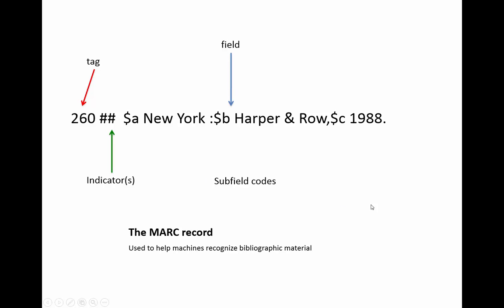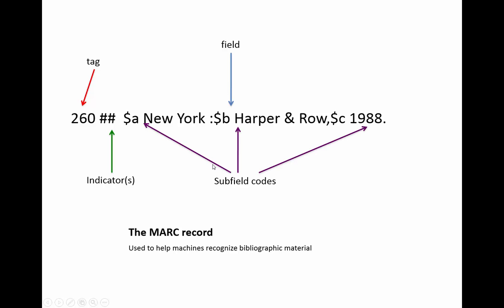Now, if the whole line is called a field, then the different pieces within the field are called subfields, and each of those subfields has a code. So we've gone from the whole line being the field, starting with a tag, then an indicator or two, then the subfield codes.